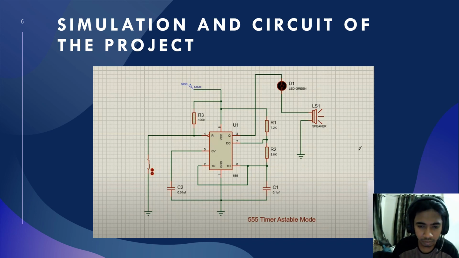Next we have the speaker connected to the output pin of the timer. This pin is the reset pin of the 555 timer IC, and it's crucial for this project as we can manipulate the timer with this pin via a switch. Now moving on to the circuit simulation, let's see what actually happens.